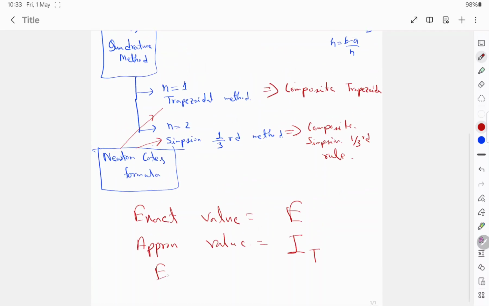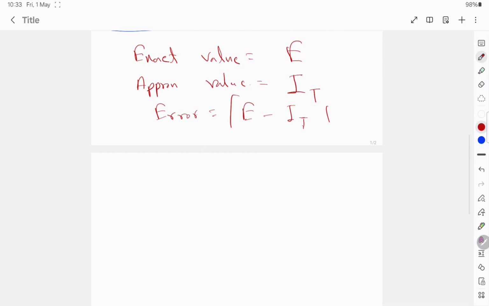So what is your error? It is asked in your exam. Basically the exact value minus the approximate value, and obviously you can take the mod. So this is your error part. Now we will start the discussion from the first one, the Gauss Quadrature formula.